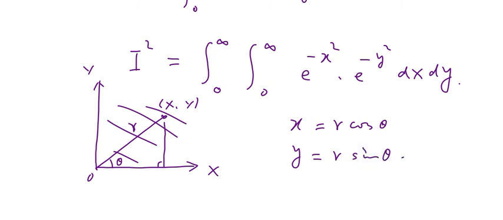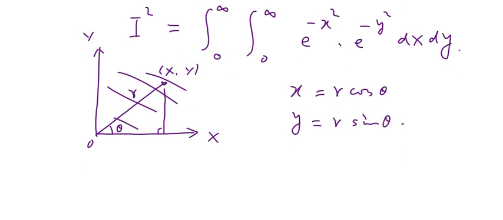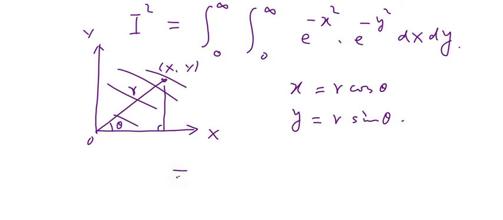So we just plug in here. So I squared, in terms of theta and r: theta is from 0 to pi over 2 for the first quadrant, so the angle changes from 0 to pi over 2, and r is from 0 to infinity.